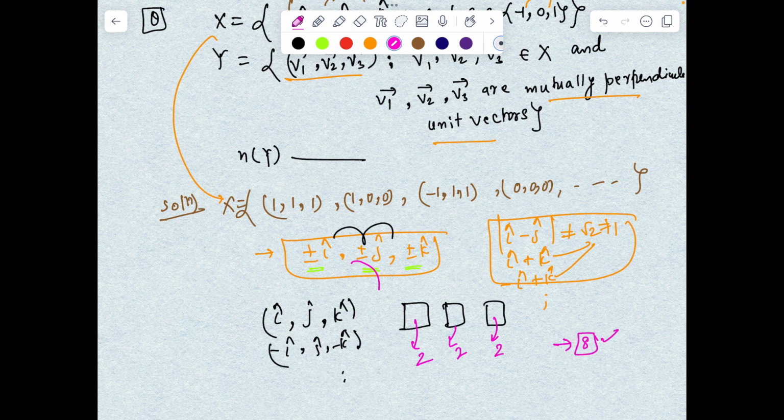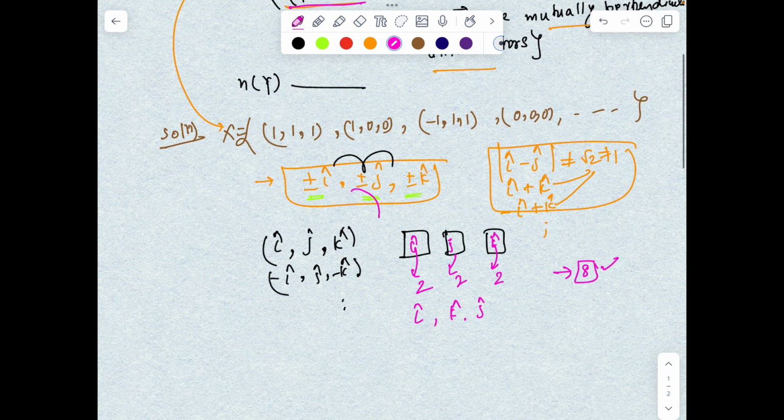So in total I have 8 choices, but for every one of those 8 choices I again have 3 factorial arrangements. Suppose I selected i, j, k; since they must be an ordered triplet b1, b2, b3, I can make i, k, j, which is a different ordered triplet of vectors. Similarly I can do k, i, j and so on and so forth. So 8 is the total number of selections, and for every selection there are 3 factorial ways. Hence the answer to this problem is 48.